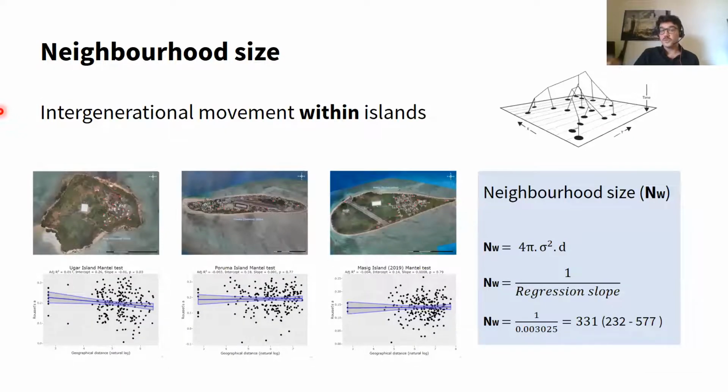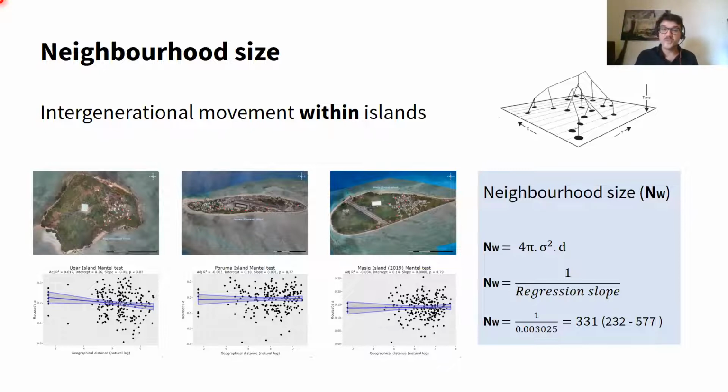We can also look within islands here, which is pretty cool, because we're not looking at passive movement anymore. We're not looking at movement of the individual on a boat or on a plane. We're looking at it flying around its own island. And the same thing here, we're looking at the spatial distribution of genetic variation. We can see it differs quite a lot from island to island. A lot of this might be due to the fact we have a very recent invasion.